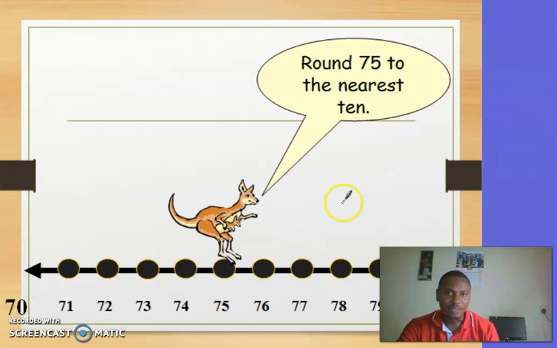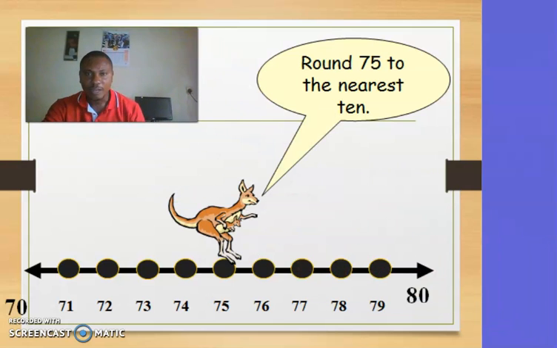Now let's look at this example. Round 75 to the nearest 10. We want to round 75 to the nearest 10, so we need to learn the technique to actually do that.